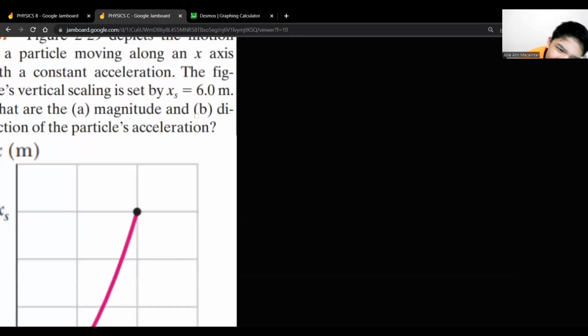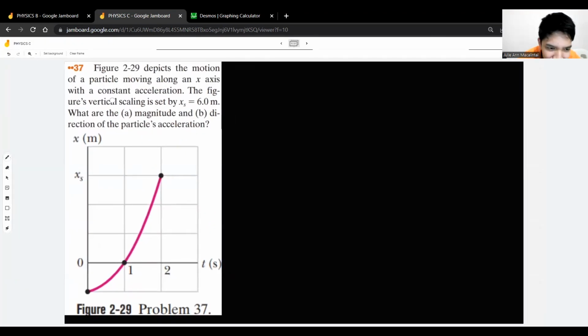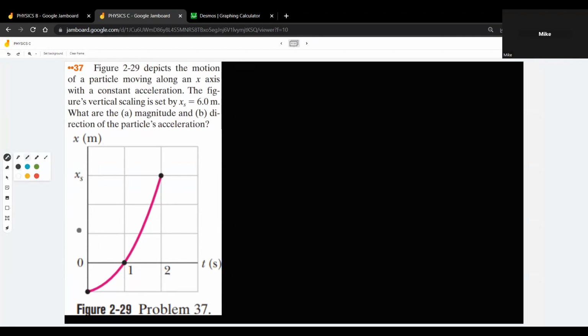Oh, so is it really this way po? The Y is actually the X? Hmm. No. Kasi yung functional dependence natin, T. Teka, the figure's vertical scaling is set by XS equals 6 meters.